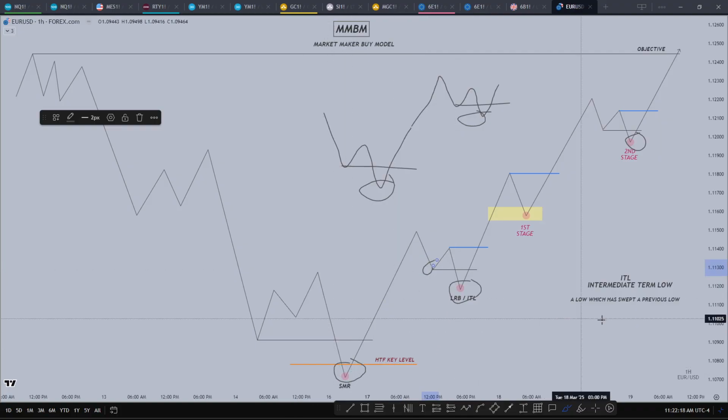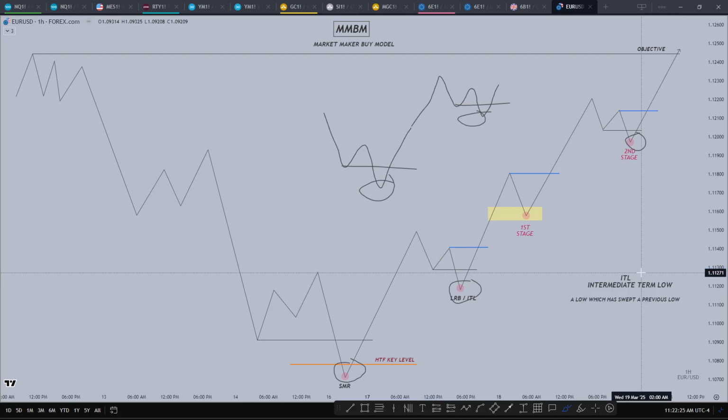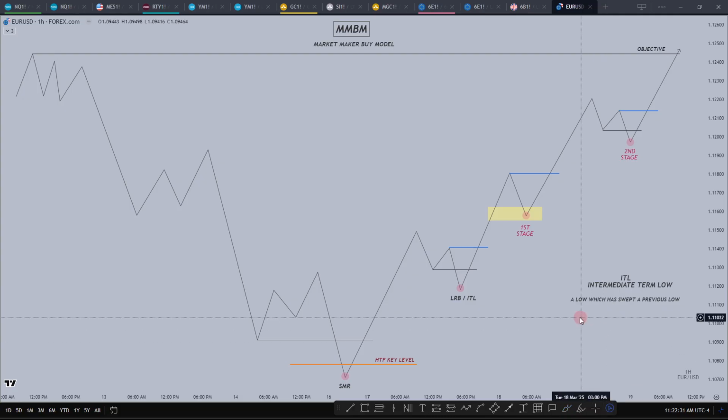That's why I never thought about them, but I personally studied them, yes. Then I refined and removed those things which don't need to be focused on much. And the orthodox definition of an intermediate term low is too complex. You will get much confused. That's why I kept it simple.